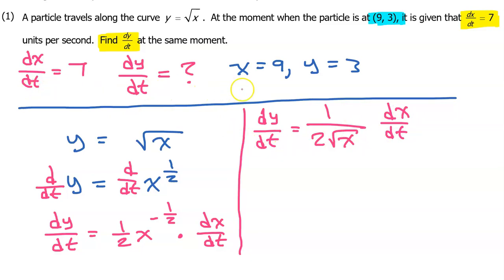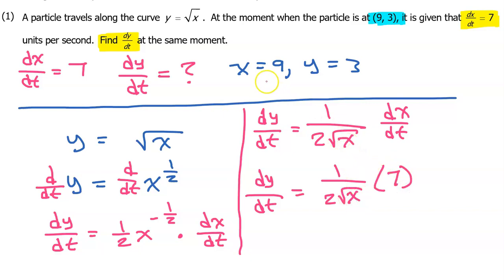So let's look back at our inventory and see if there's anything that we can substitute. We are looking for dy dt, but we are given dx dt. It's 7. So I'm going to substitute 7 for dx dt. So I have dy dt is equal to 1 over 2 radical x times 7.